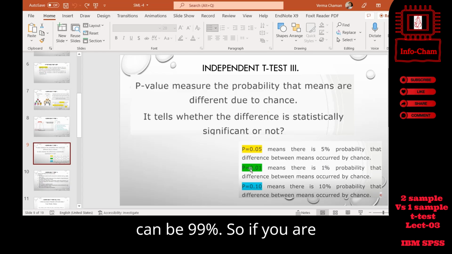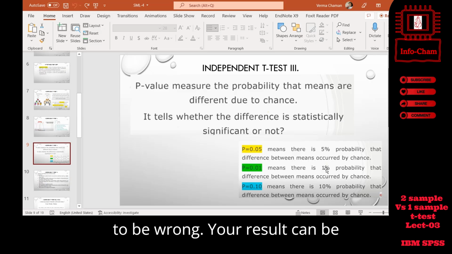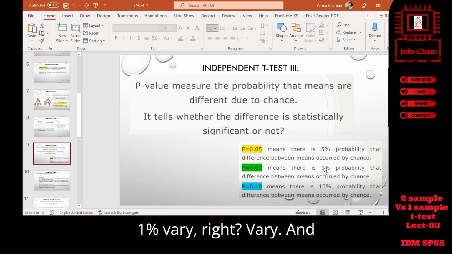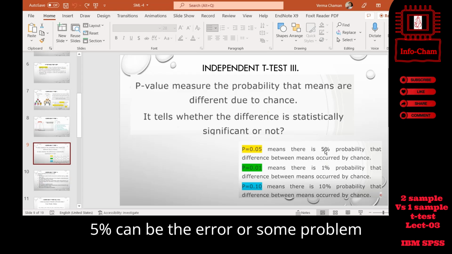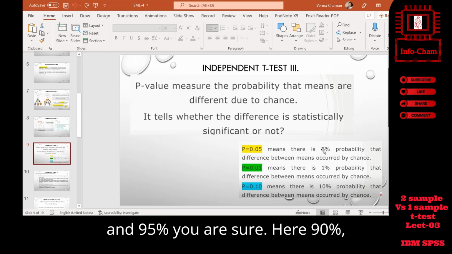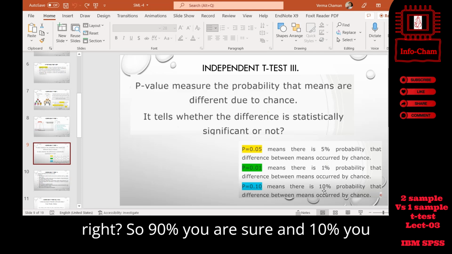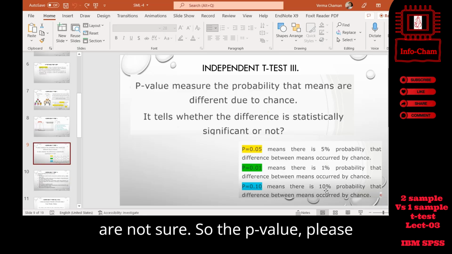If you are at 99%, it means there is a 1% chance to be wrong. Your result can vary by 1%, and 5% can be the error or some problem, and 95% you are sure. So at 90%, you are sure and 10% you are not sure.